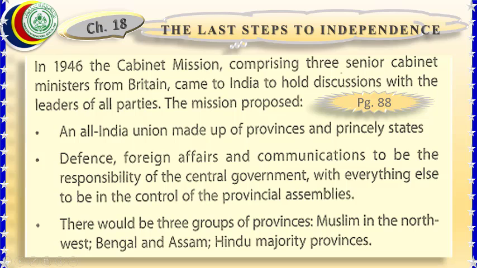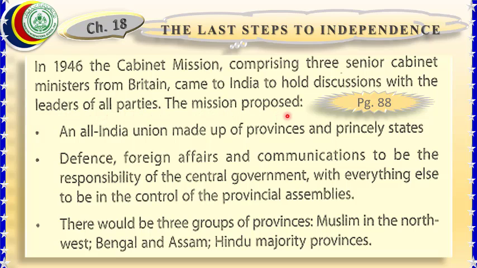Dear students, in the next slide, the passage is: in 1946, the Cabinet Mission, comprising 3 senior cabinet ministers from Britain, came to India to hold discussions with the leaders of all parties.